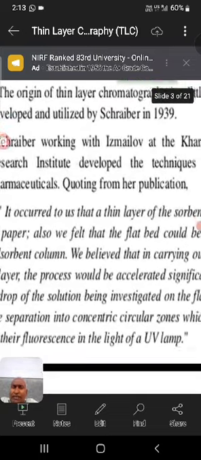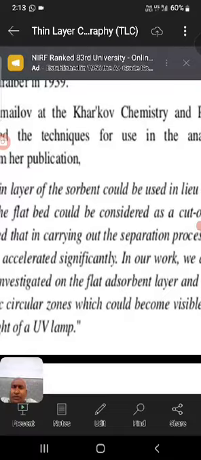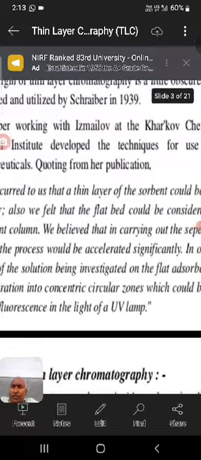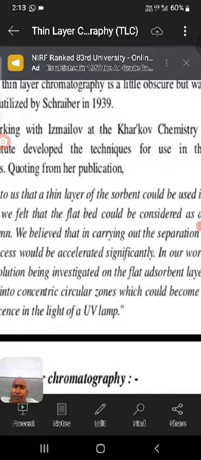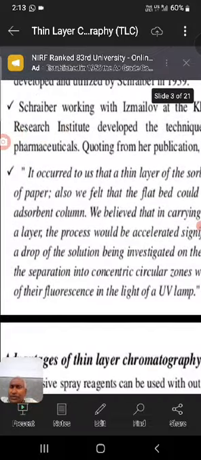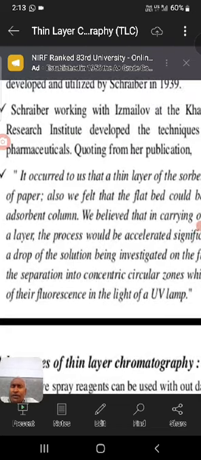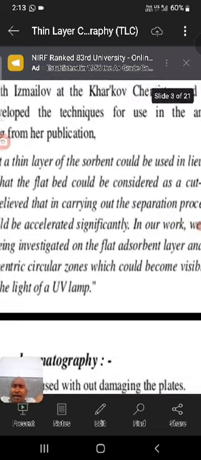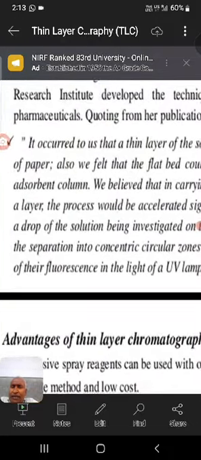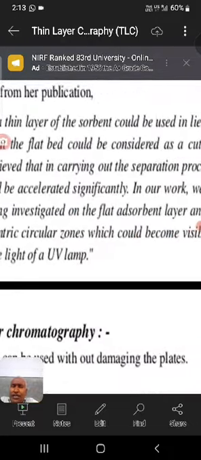In their account, thin layer chromatography sorption could be used in the line of the strip of a paper. Also, they felt that the flat bed could be considered as a cut-off adsorbent column. They believed that in carrying out the separation process in such a layer, the process would be accelerated significantly.